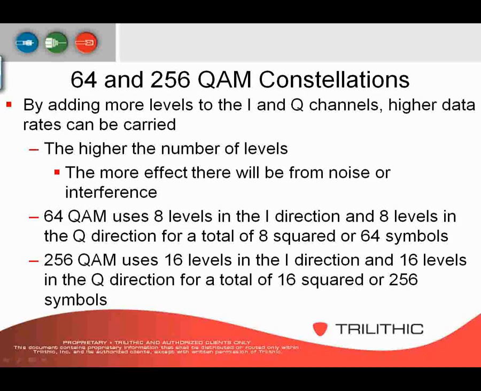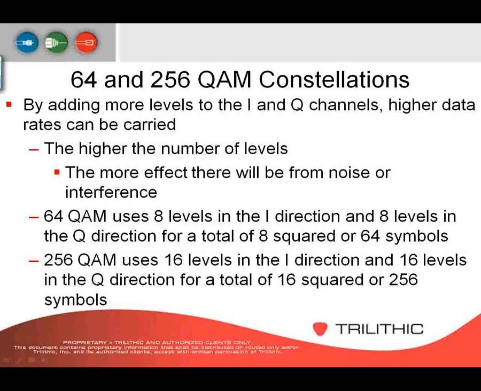Now, by adding more levels to the I and Q channels, higher data rates can be carried. The higher the number of levels, the more effect there will be from noise or any other types of interference.